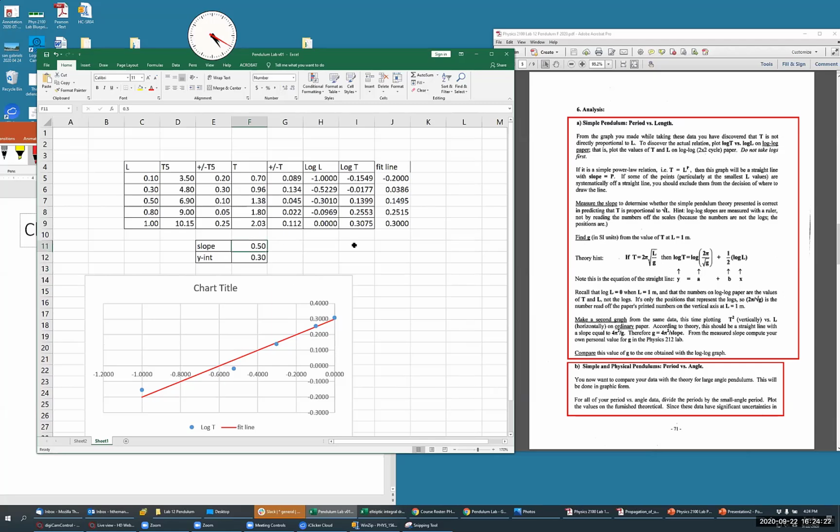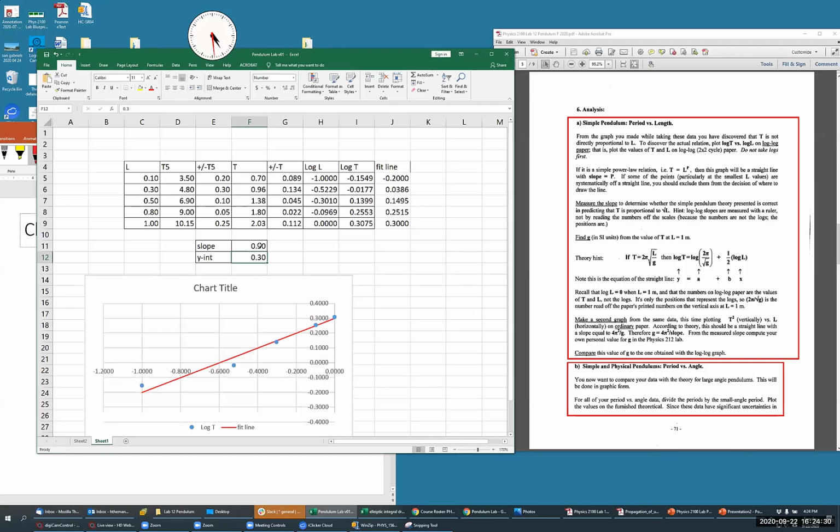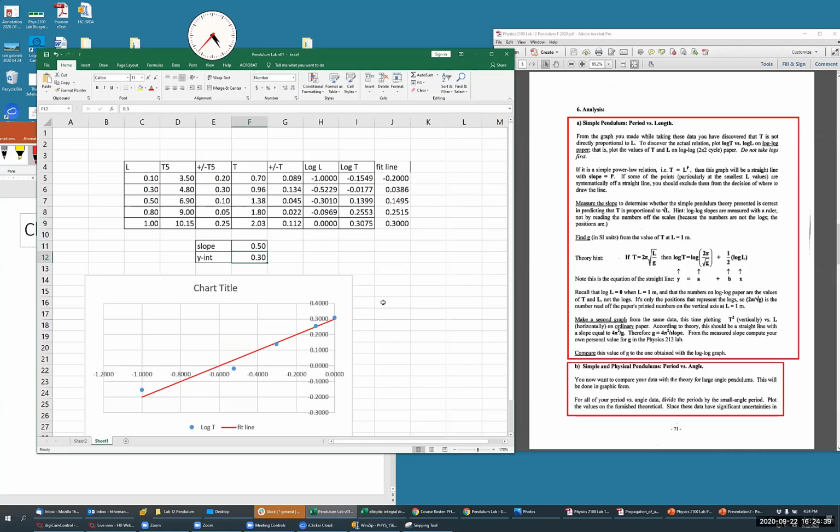And I can also change the slope. And also, I don't like that so much. 0.5. And remember, when you do fitting, it's about having equal numbers of points above and below. So now we have set up a graph with points and a fit line.